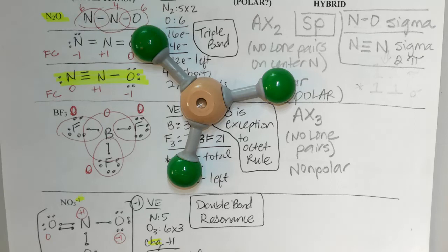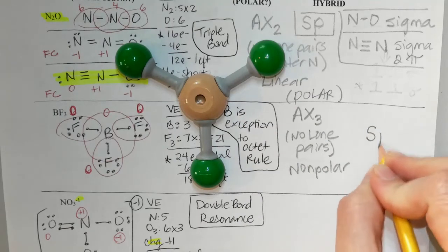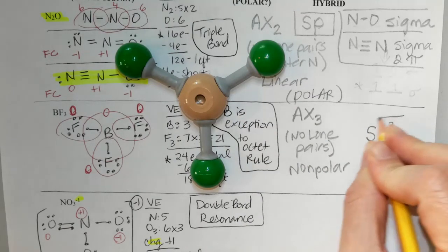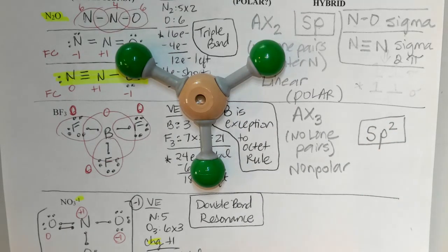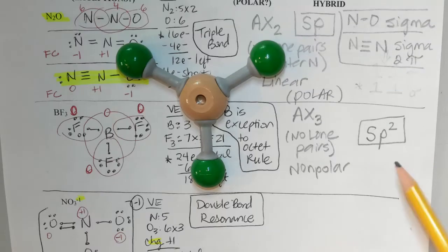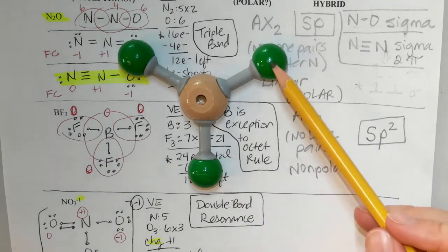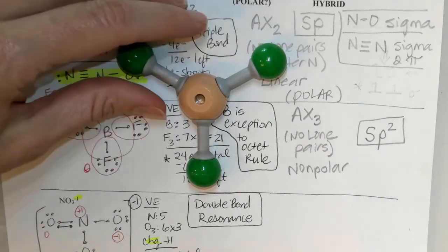Now, in terms of the orbital hybrid, we need 3 bonding sites, right? So we're going to take an S and 2 Ps. So whenever we have an AX3 geometry, it will be an sp2 hybrid. We need 1 S and 2 Ps for those 3 bonding sites.